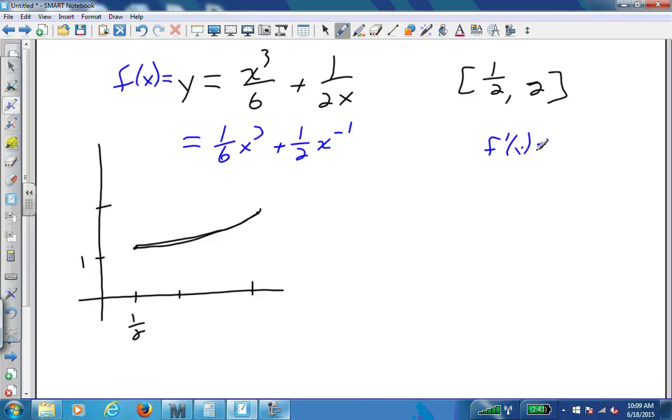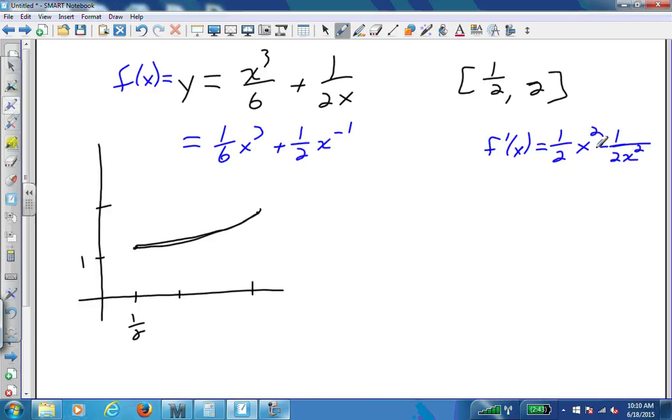If we take the derivative, we bring the 3 down. 1/6 times 3, or 3/6, is 1/2, x to the 1 less power. Bring the -1 out front, so that's -1/2, x to the 1 less power, which would be -2, or we could say over x squared. So that's our derivative.